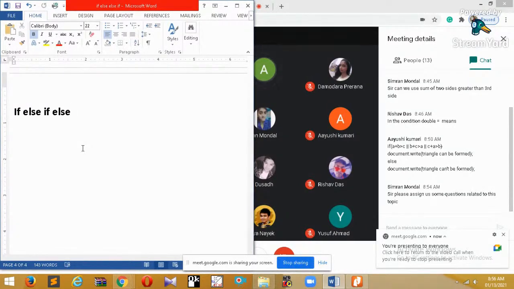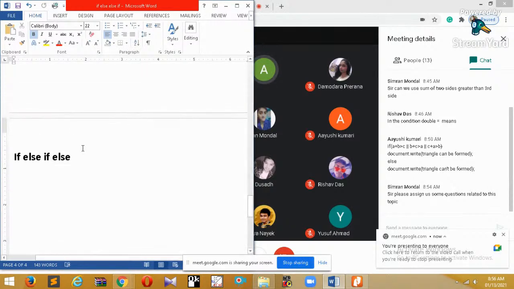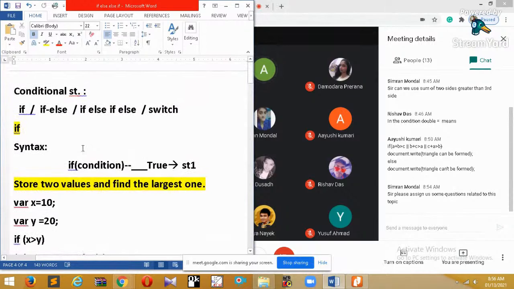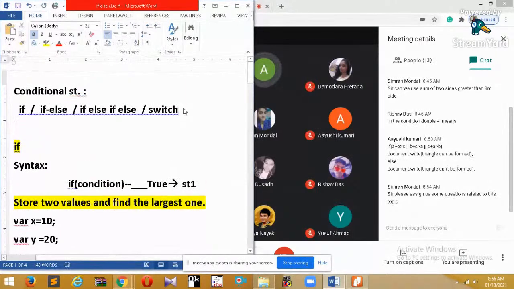If means when I have to check all the conditions. Let me write this in normal understanding terms so that you can simply revise. We'll use only if when we have to check all conditions, simply one by one.